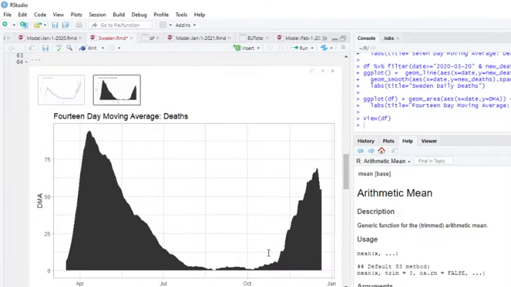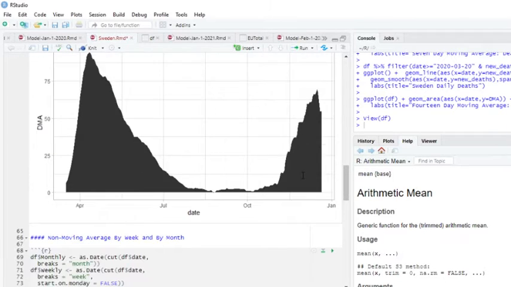So the 14-day moving average gives us a better picture because it cuts through the volatility of the weekend cycle and shows that right now you're averaging about, for the previous 14 days, say, 60 deaths on average.